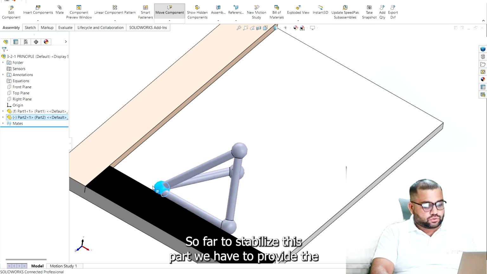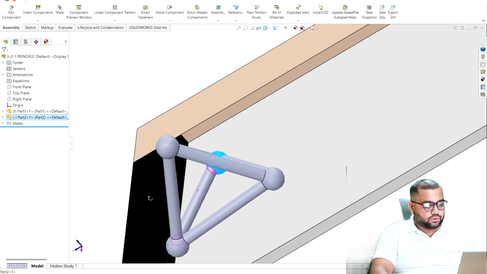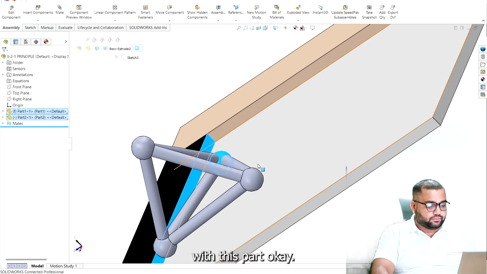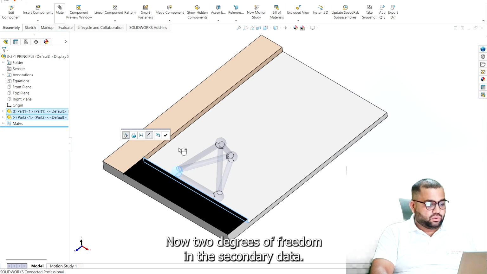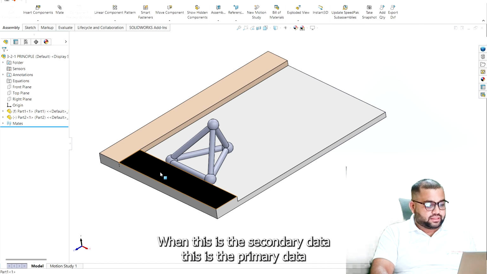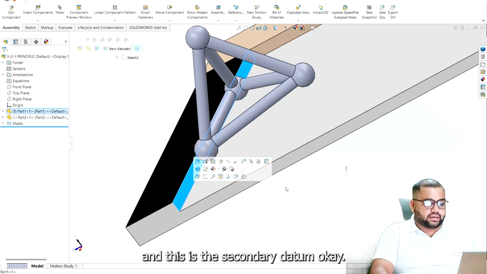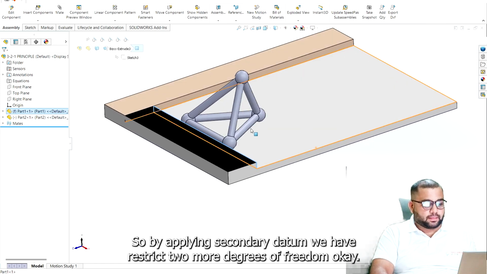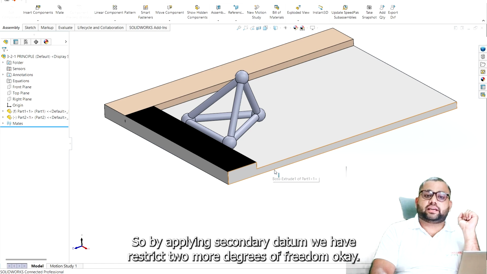So to stabilize this part, we have to provide one more point of contact with this part. Now 2 degrees of freedom in the secondary datum. This is the primary datum, and this is the secondary datum. We have provided it, so by applying the secondary datum, we have restricted 2 more degrees of freedom.